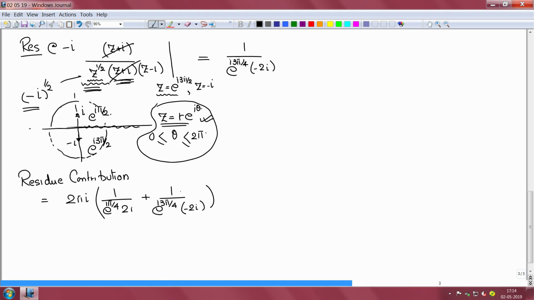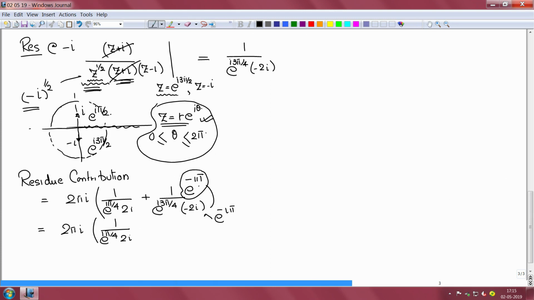Okay. Now here I will multiply the numerator and denominator by e to the power of minus I pi, so that I get twice pi I into 1 over e to the power of I pi by 4 twice I. Now e to the power I pi gives me a negative, and that negative cancels this negative.